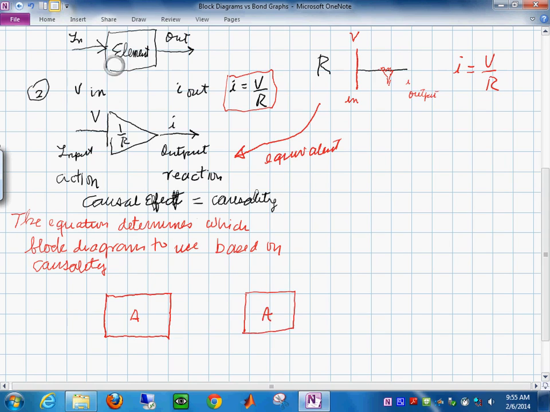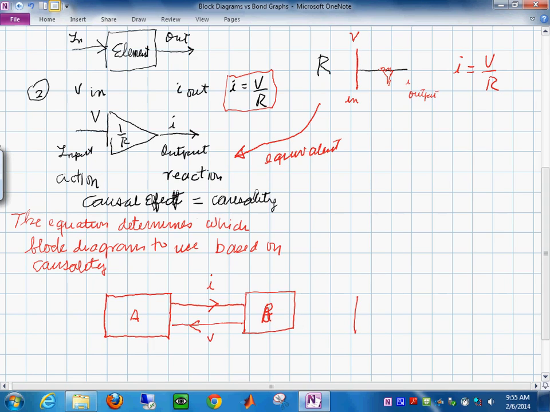If this is B, let's say, if you go from here to here, and the input from A to B is I, then it follows that the output from B to A has to be V.